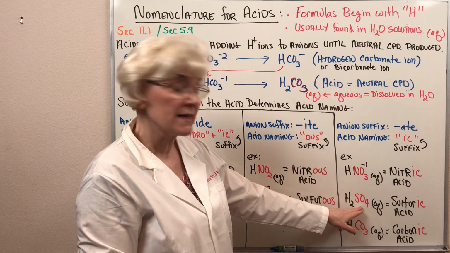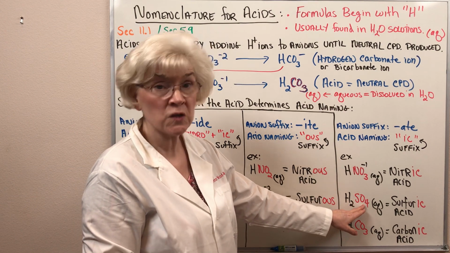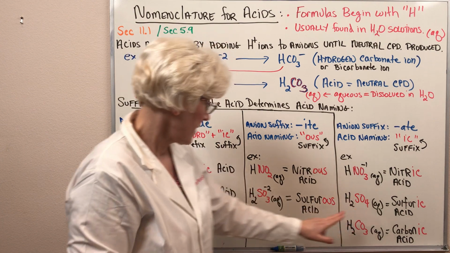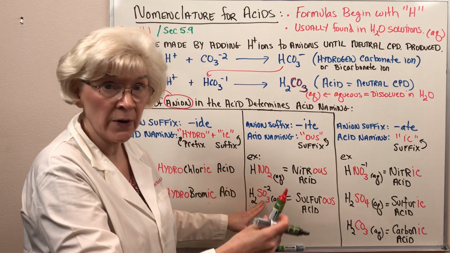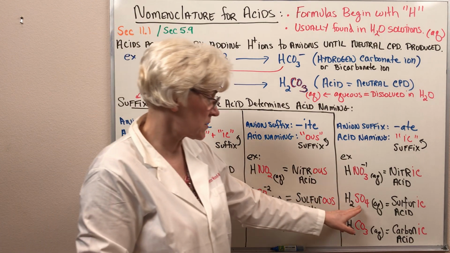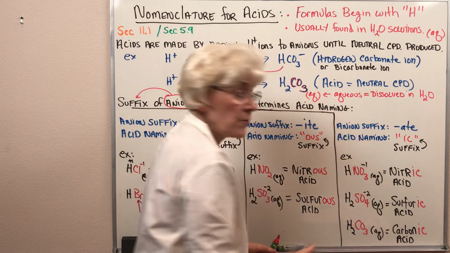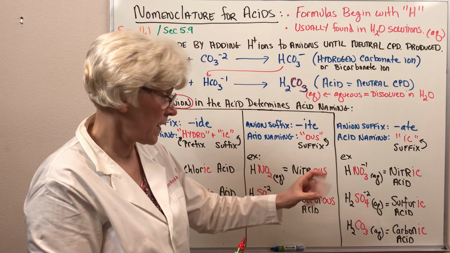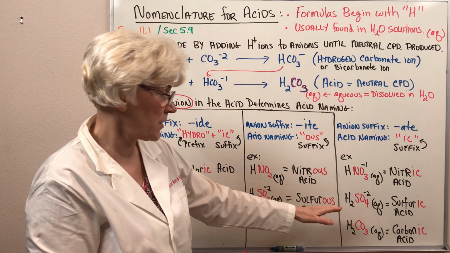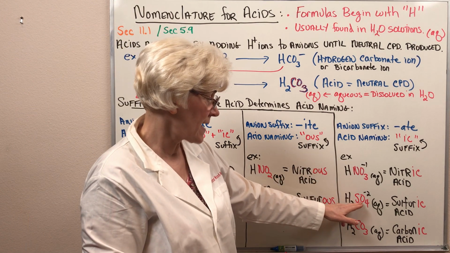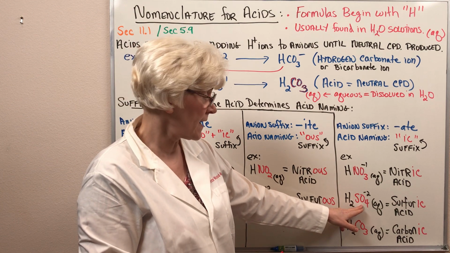Looking at the second example, I see the sulfate anion, the companion to sulfite or partner of sulfite, another sulfur oxyanion. Its charge is -2, so we need 2 hydrogen ions to bond to it to form a neutral molecule. How do we name an acid containing the sulfate anion?